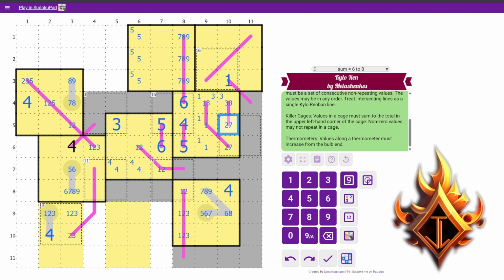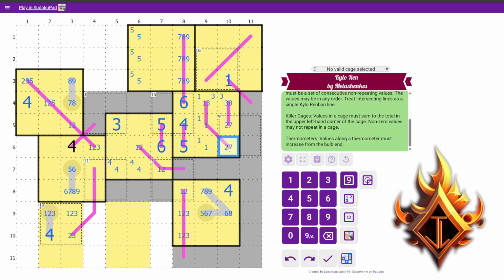So that could not be 7. If this is 7, that is 8, then that would not be 7 because that would have to be 8.